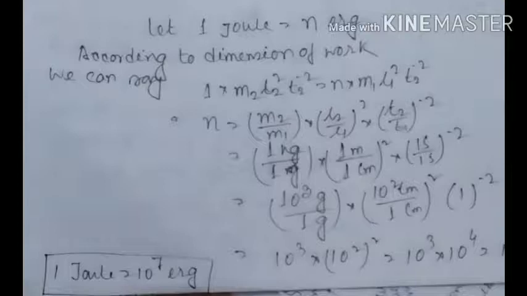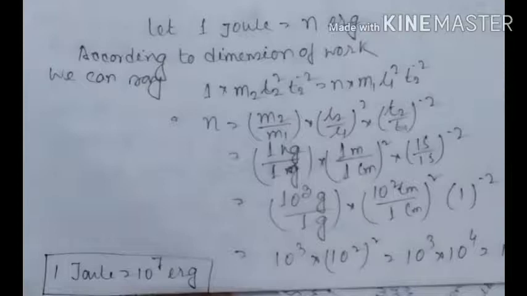Similarly, M1 is 1 gram, L1 is 1 centimeter, and T1 is 1 second. So 1 kg is equal to 10^3 gram. We will convert these different units into the same unit.